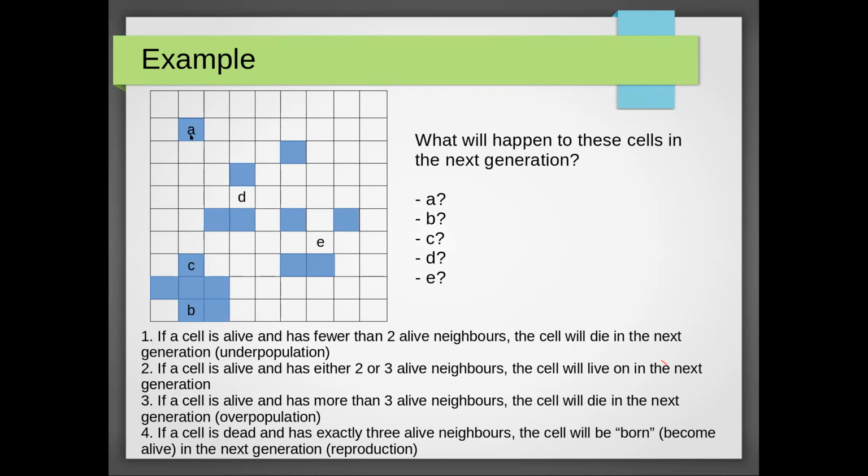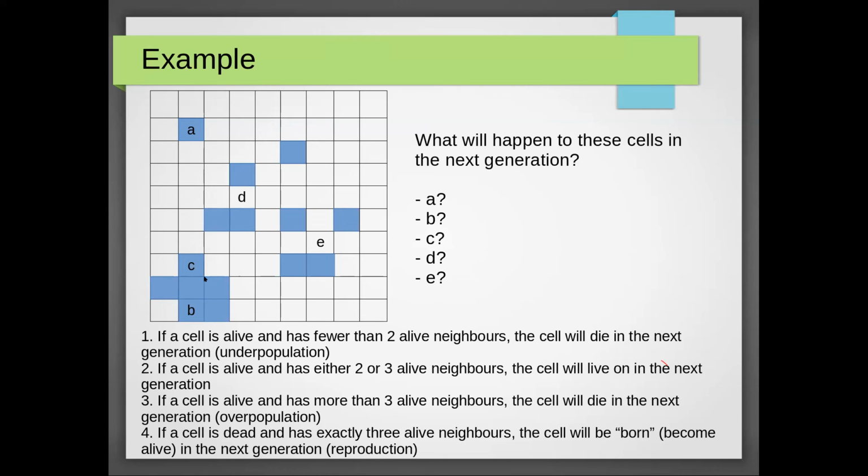So what will happen to cell A? It will die in the next generation. It doesn't have any neighbors. That's right. It's going to die through underpopulation. Cell B? Going to die through overpopulation. That's right. It's too crowded, cell B. What about cell C? Live on.